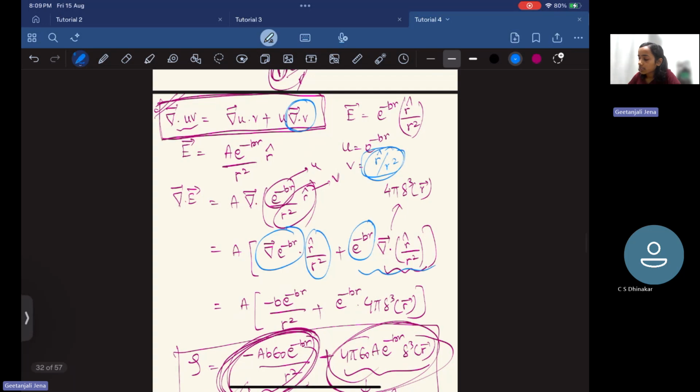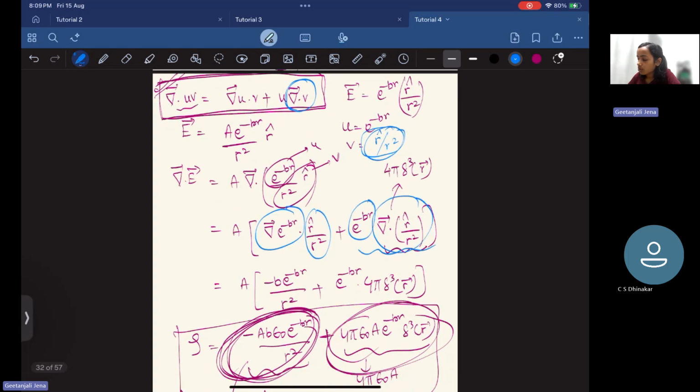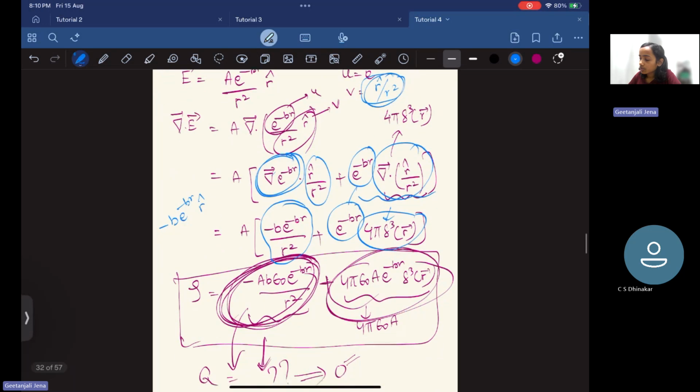The second term is straightforward. This is 4 pi delta of r, which is written here, and this is e to power minus br. And for the first term, the gradient of e to power minus br will give minus b e to power minus br r hat, so this is what I have written here, minus b e to power minus br by r square. You have already calculated it.